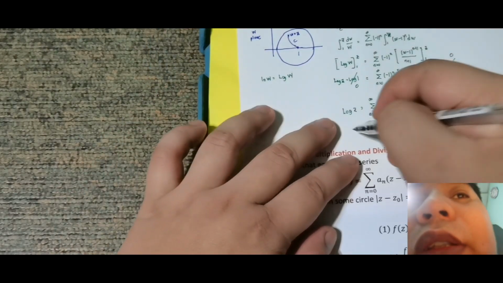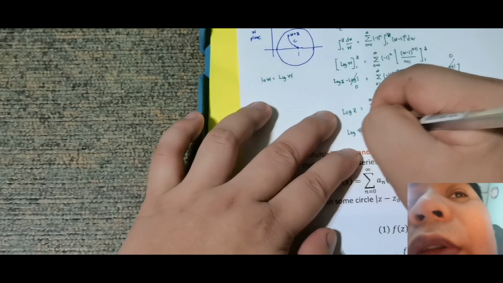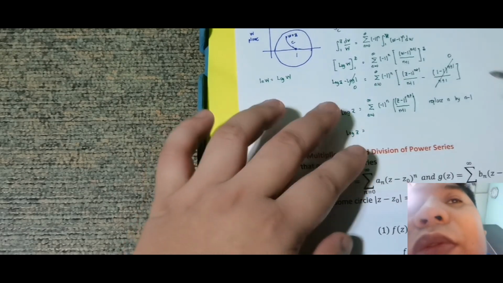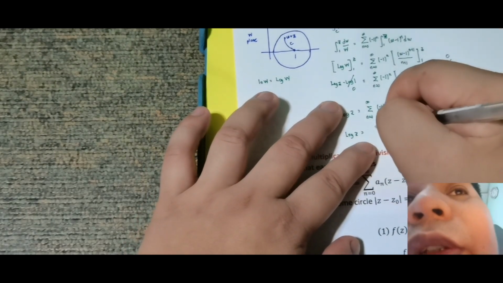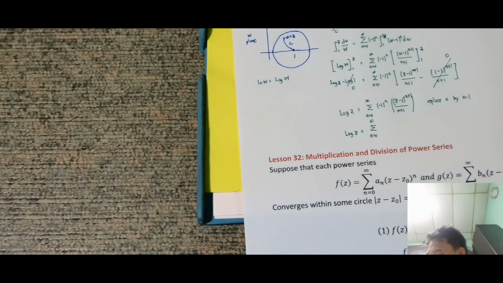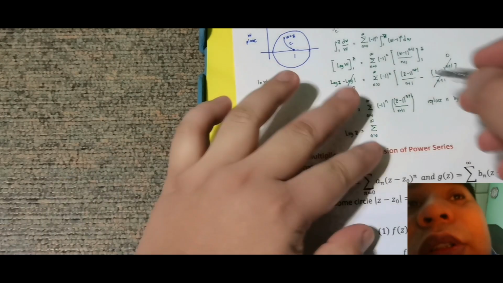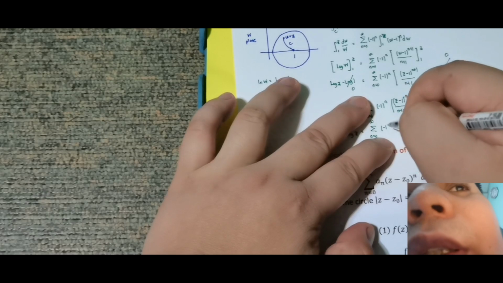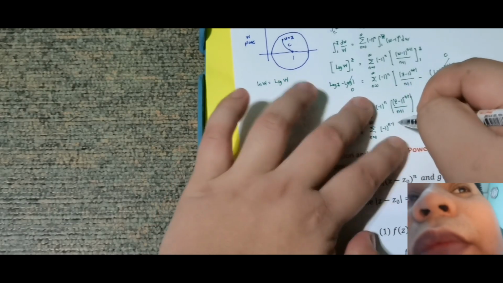And that is equal to logarithm of z is equal to summation for n is equal to 0 up to infinity. Tama ba? N is equal to 1. Okay, so this is negative 1 raised to n minus 1.